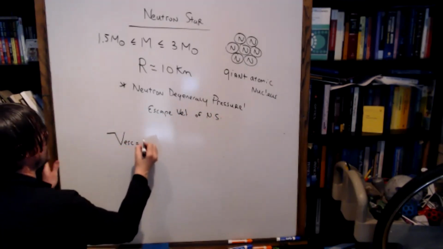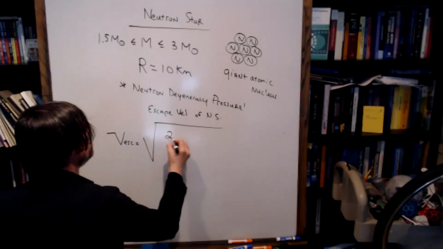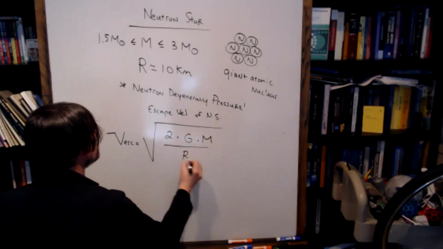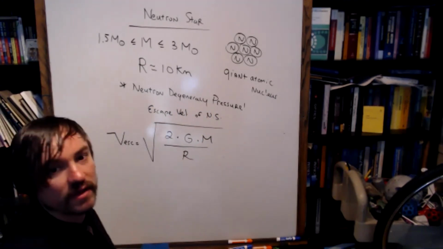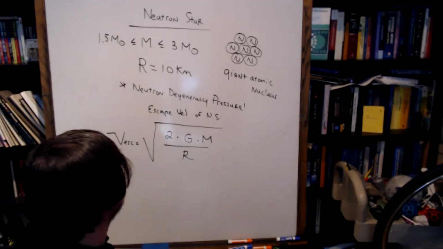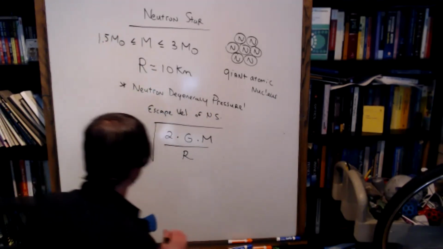Remember that the escape velocity is the square root of 2 times big G times the mass divided by the radius. And we're going to plug in 10 kilometers and something like 2 solar masses to see what we get.